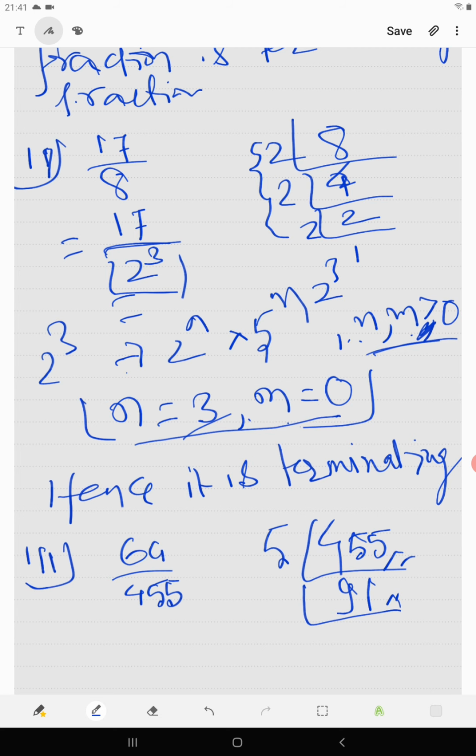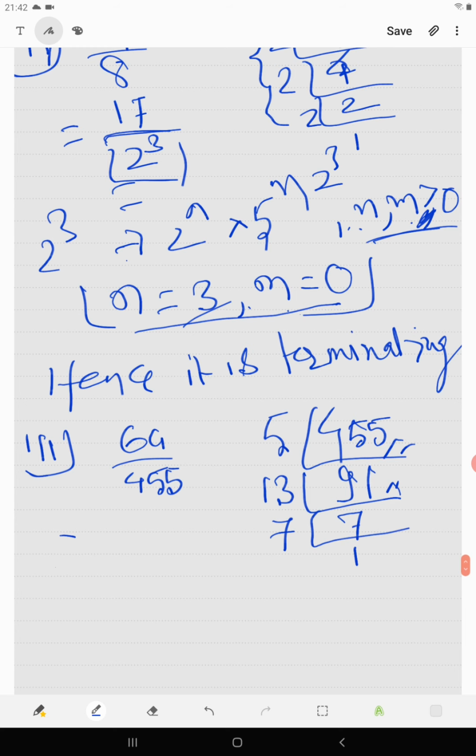So 1 comes in the table of 3. 3 7 ja 21. But if you divide 91 by 3, it will not be divisible. The next thing that comes to my mind is 13. Of course, it will come in the table of 13. So 13 7 ja 91. 7 1 ja 7. So what I have got? 64 divided by 5 into 13 into 7.